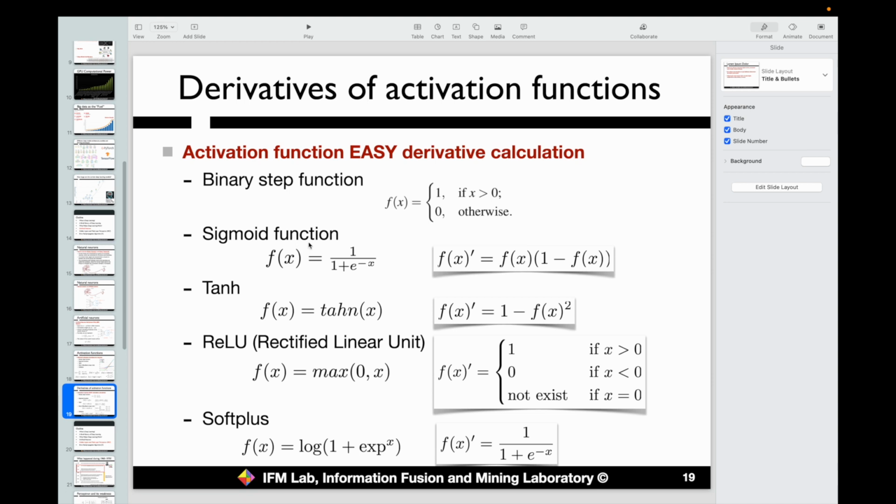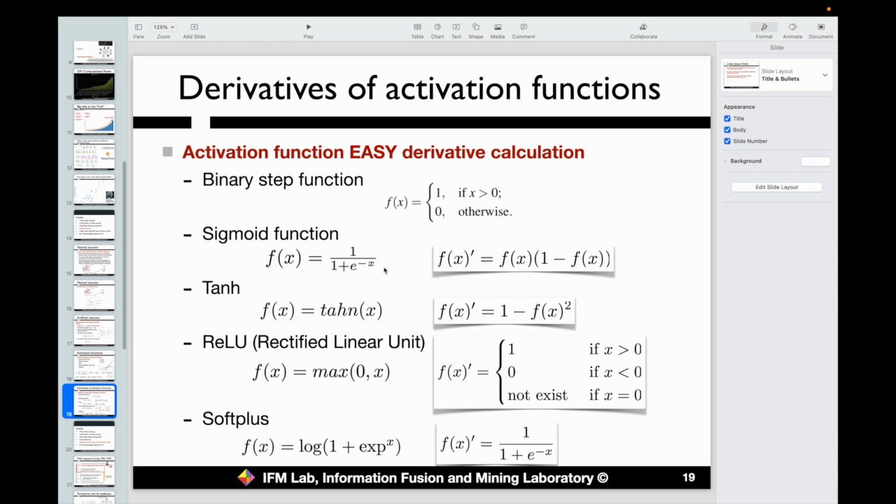For the second function, we provide a formula here, and we can also define its derivative on the right-hand side. Given f(x), we denote its derivative as f'(x). If you try it yourself, you can find that its derivative equals f(x) times (1 minus f(x)).